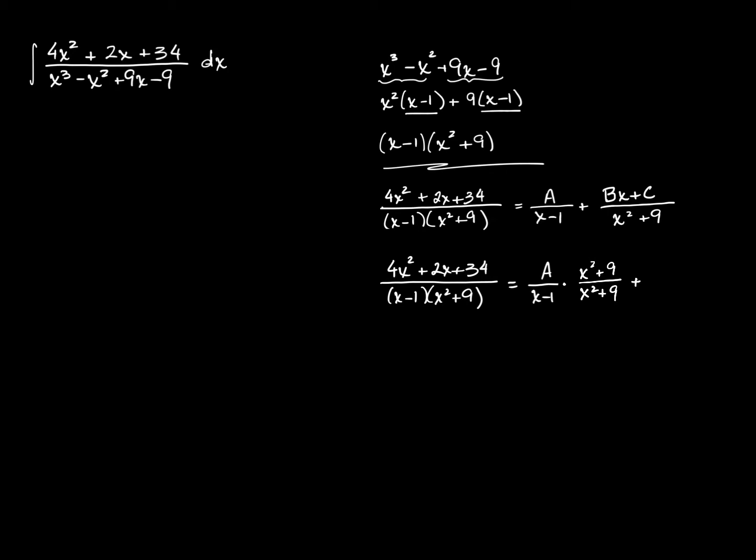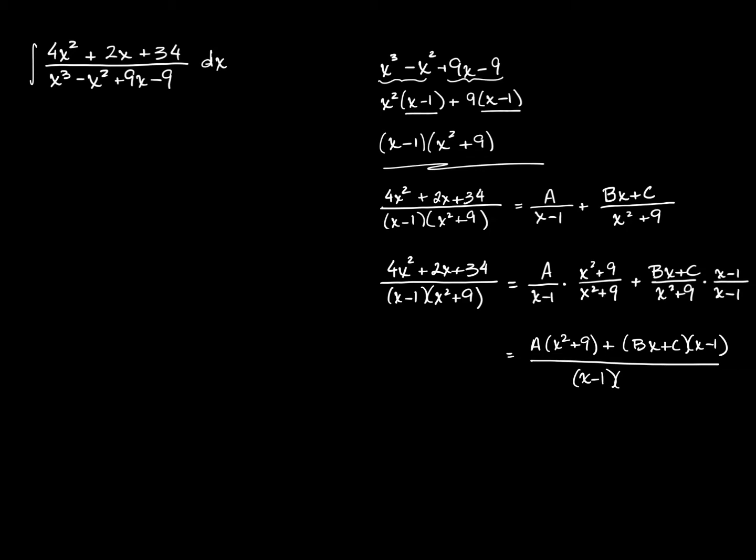And then I have a plus, and I'm going to multiply my second fraction, which only has in its denominator an x squared plus 9, by x minus 1 over x minus 1. And now I can rewrite the right-hand side as A times x squared plus 9 plus bx plus c times x minus 1, all over x minus 1 times x squared plus 9.